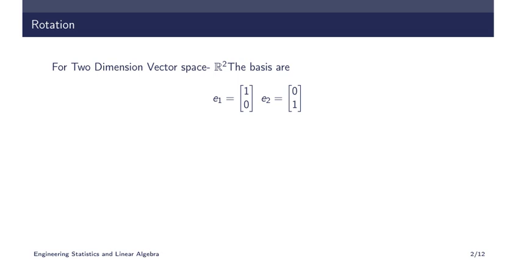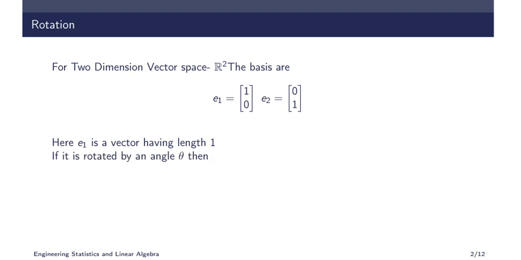So there are two bases, E1 and E2. Now the length of E1 is the root of x1 square plus x2 square, that will be the root of 1 square plus 0 square, which is 1 only. So the length is 1, and if the same vector is rotated by an angle theta, what will happen, we'll see.